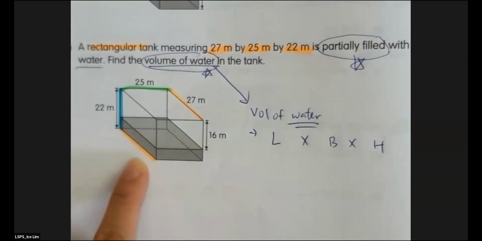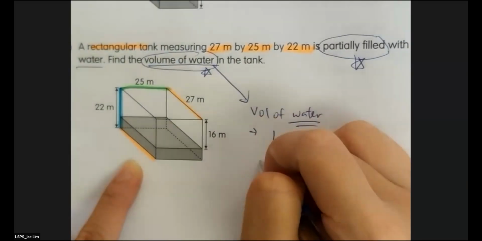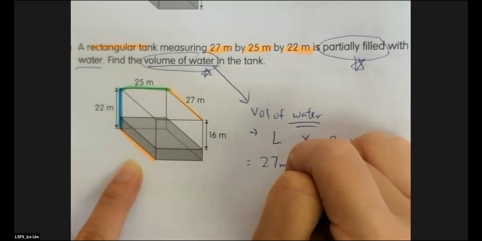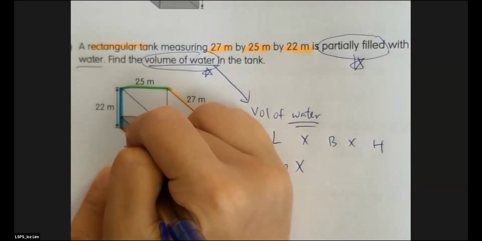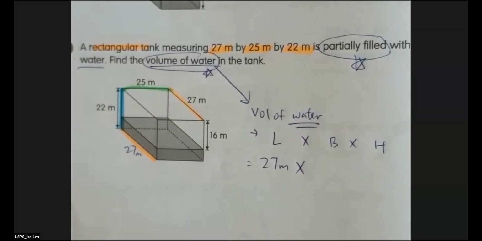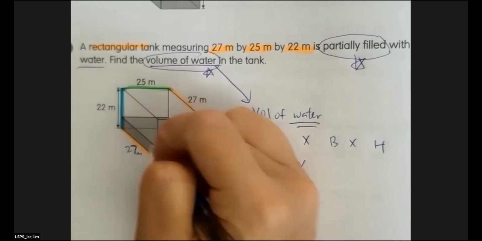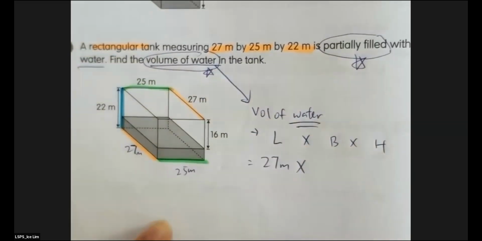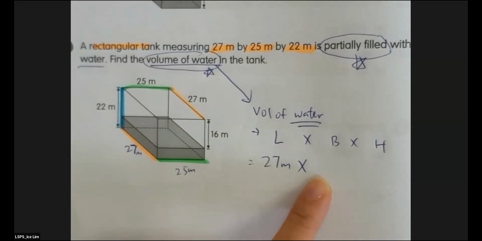Now, my question is the length still 27? Yes, very good. It is still 27 meters. What about the breadth? Yeah, it's still 25 meters. It's still the same. What about the height? What should it be? 8 meters.